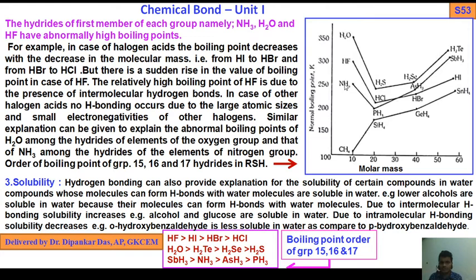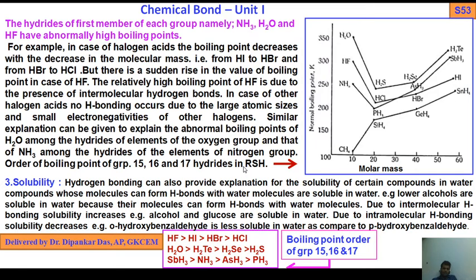Only oxygen, fluorine and nitrogen can form hydrogen bonds. So that's why their boiling points are also comparatively high compared to other elements of the same group. Similar explanation can be given to explain the abnormally high boiling points of water among the hydrides of elements of the oxygen group and that of ammonia among the hydrides of the nitrogen group.